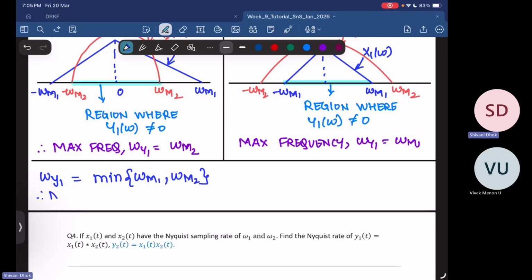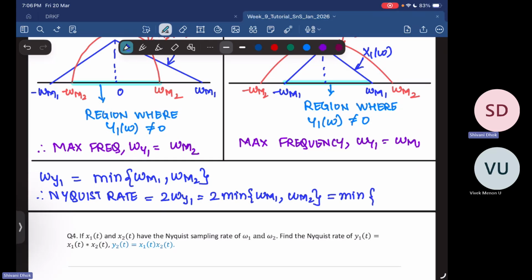Therefore the Nyquist rate is 2 times omega y1, which is equal to 2 times the minimum of omega m1 and omega m2. This 2 I can send inside, so this equals the minimum of 2 times omega m1, which is omega 1, and 2 times omega m2, which is omega 2.